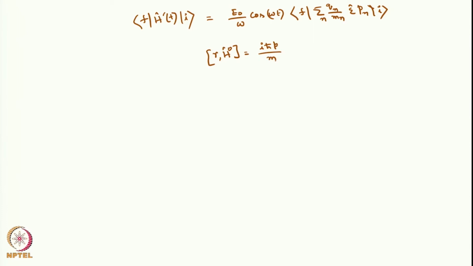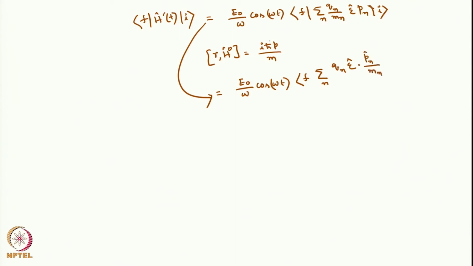Okay. Now, what I am going to do is plug this in here. So, this will now be equal to E naught by omega cos omega t, the sum over n of q n into p n by m n.